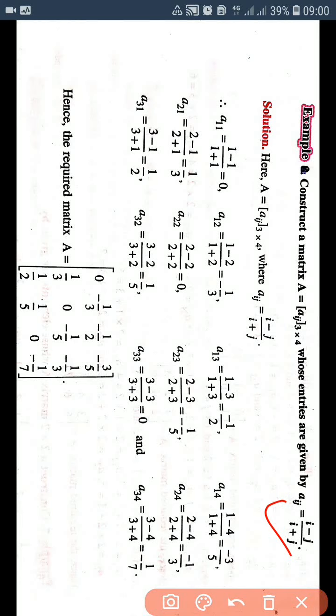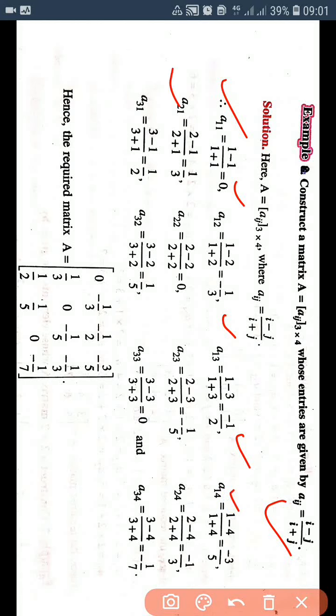So the matrix will contain 3 rows. a11: what is i and what is j? i is 1, j is 1. So (1 minus 1) upon (1 plus 1). a12, i is 1, j is 2. So you can calculate easily. a13, i is 1, j is 3. Then i is 1, j is 4.